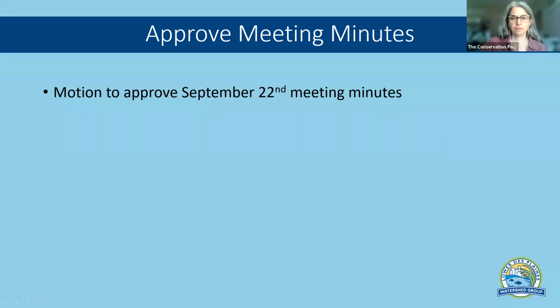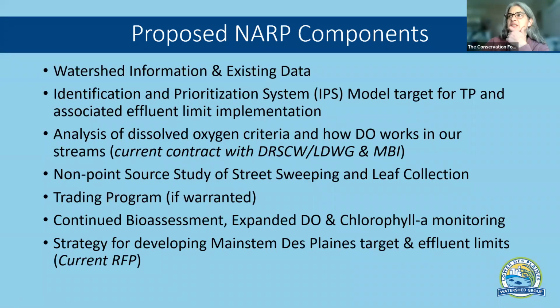All right, so we discussed a little bit of this part at the last meeting, kind of going over what we're looking at as our proposed components of the NARP, really being an assembly of several different reports. So kind of the basics of watershed information and our existing data that we have.